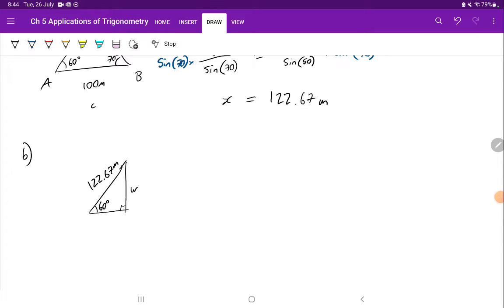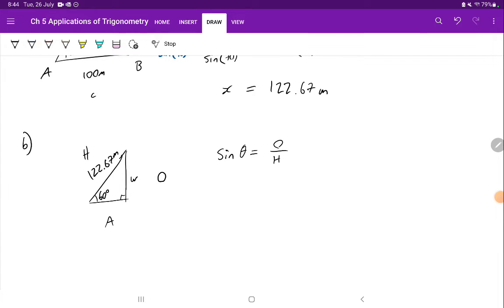And that's actually enough information, because we've got the right angle, because this could be my opposite, this could be my hypotenuse, this would be my adjacent. So I can use sine theta equals opposite over hypotenuse. So I'm not even now using the sine rule. I'm just using trigonometry because I've got a right angle. So if you've got a right angle, you are allowed to use trigonometry if you prefer.